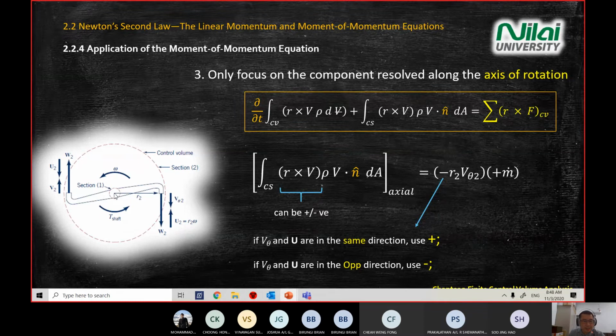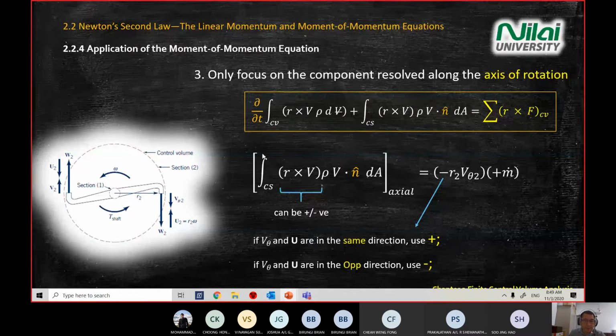The nozzle head will move anti-clockwise when the water comes out of the nozzle. So our U2 goes this direction. How do we find our reference U2? We take R times our angular rotation, R times omega.